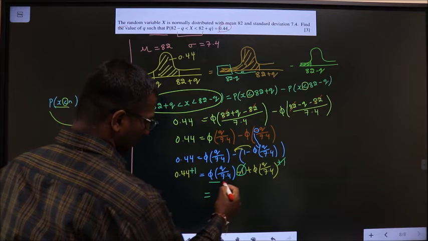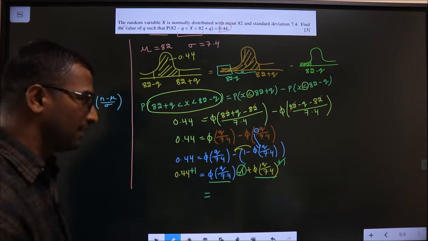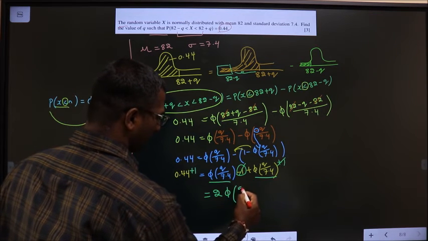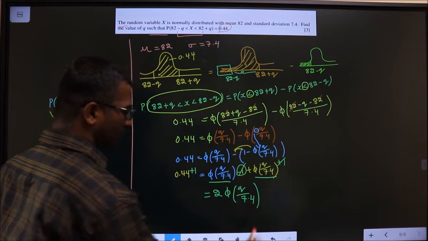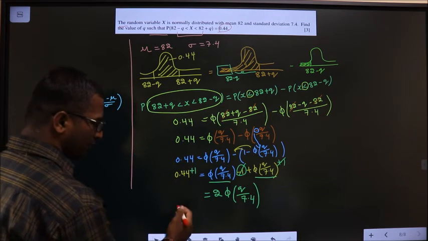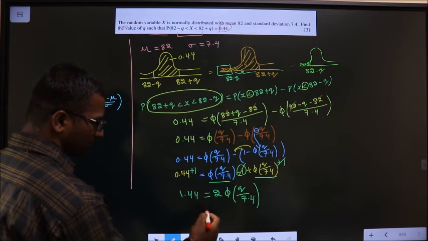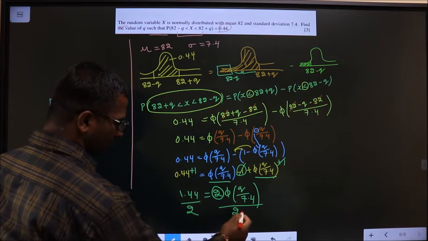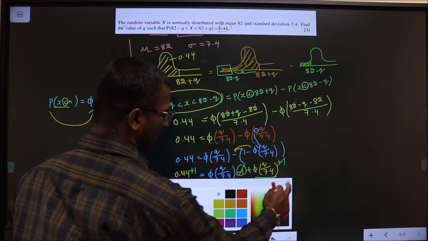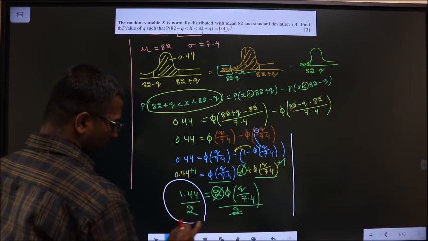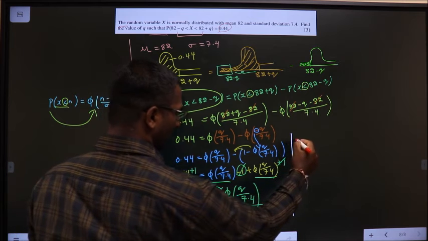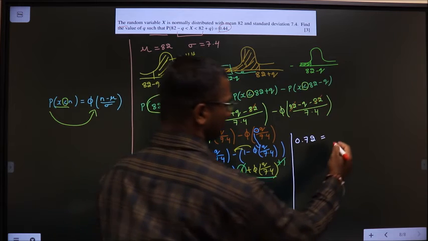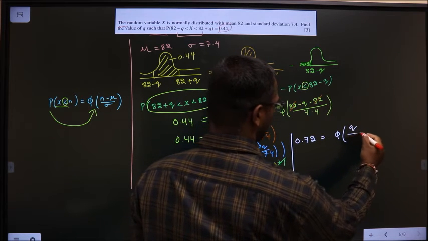And these two are the same, so this plus this will be 2 times phi of q by 7.4. Agreed? Now 0.44 plus 1 is 1.44. To get rid of 2, divide by 2 on both sides. So this gets cancelled. I get 1.44 by 2, which is 0.72, equal to phi of q by 7.4.